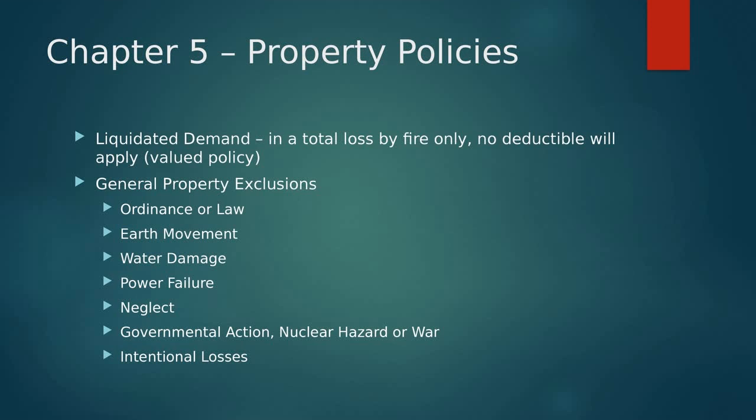There are only some limited personal liability policies and professional liability policies that might cover some limited amount of intentional losses. But for the most part, if you are committing or directing another to commit an intentional act that causes the loss, unfortunately, that cannot be covered under the insurance policy.